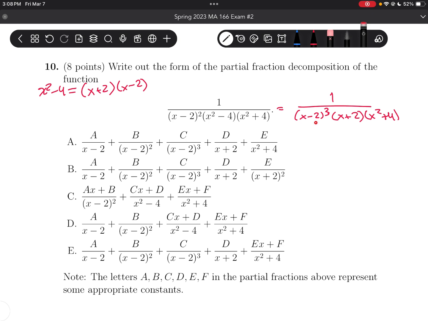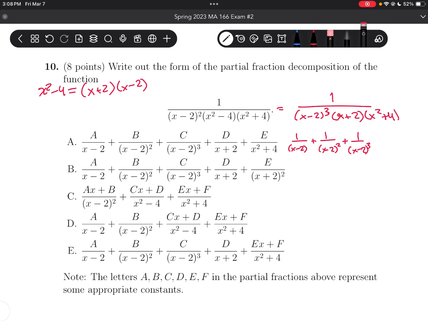So we can go term by term and discuss what partial fractions are necessary. For this (x minus 2) cubed term, I'm going to need 1 over x minus 2, up to x minus 2 cubed. So I need 1 over (x minus 2) squared as well, plus 1 over (x minus 2) cubed. I need each of those.